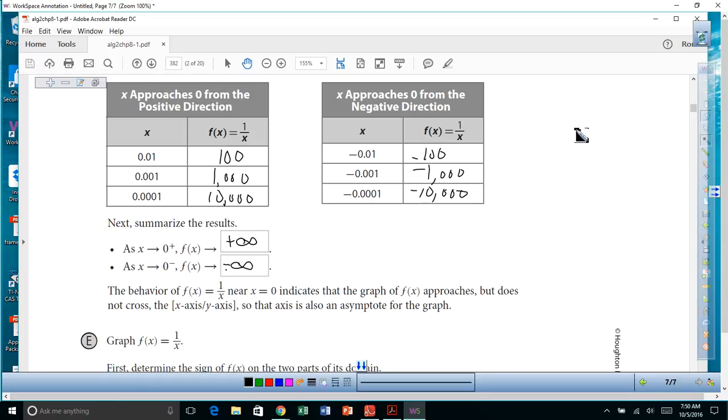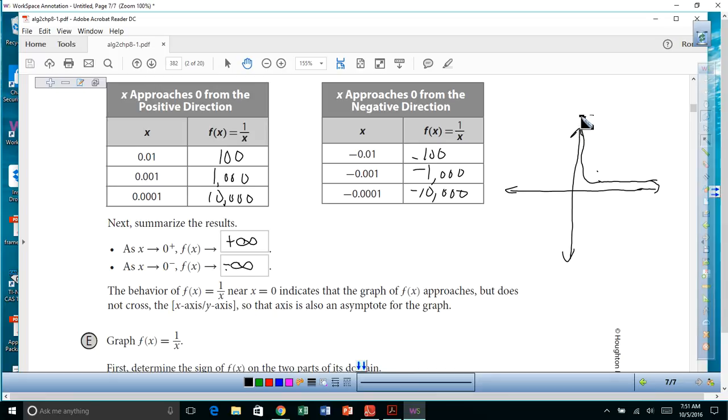All right, let me draw you a little graph over here. As x approaches 0 from the positive side, as it's going this way, what happens? Well, it does that turn, so it never actually gets to 0 and then shoots up this way.